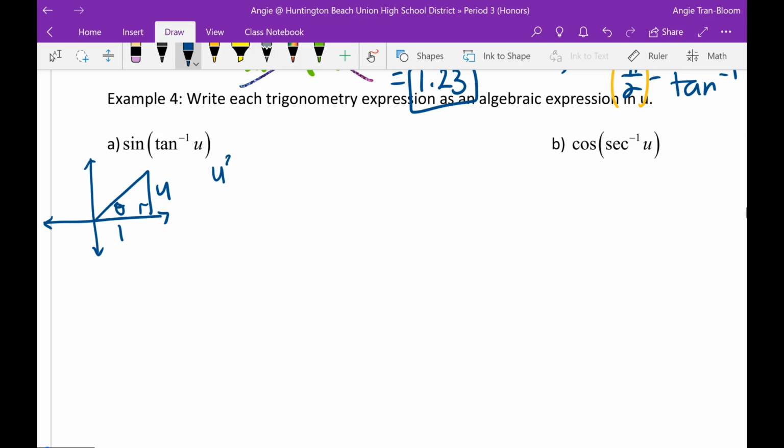So I need to find the hypotenuse using the Pythagorean Theorem. So u squared plus 1 squared equals c squared. Can I just take the square root of both sides to find c? Yeah. So c is the square root of u squared plus 1. Is that equivalent to u plus 1?